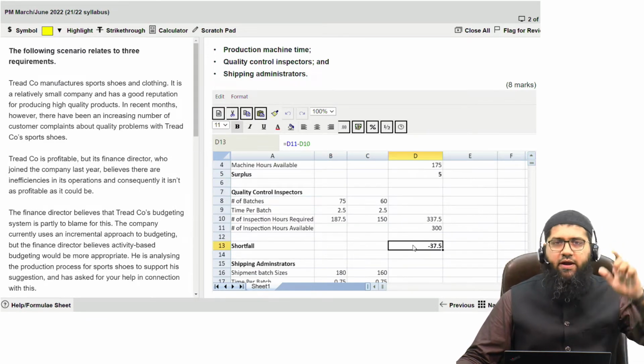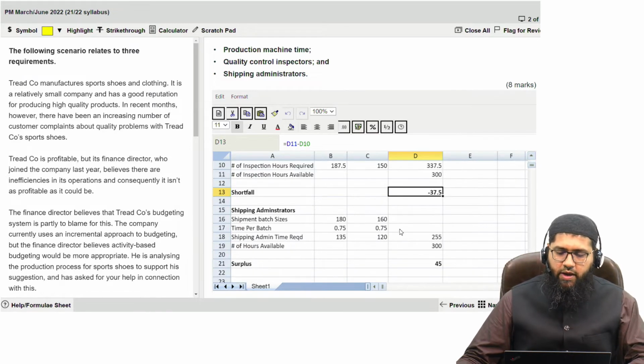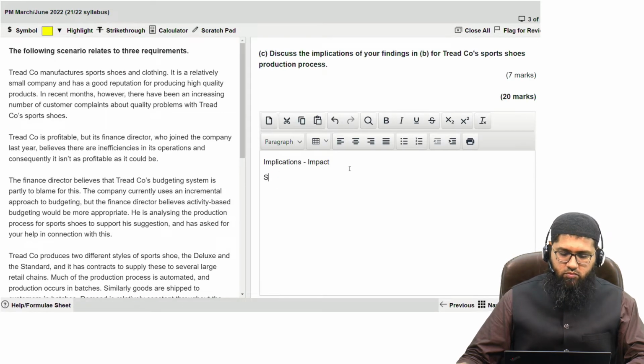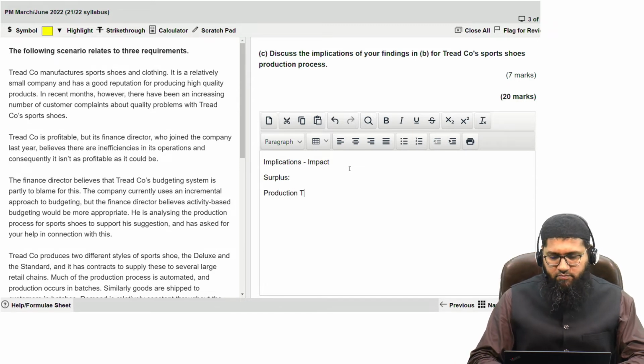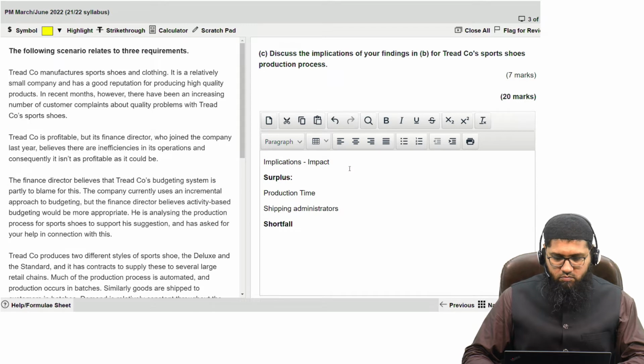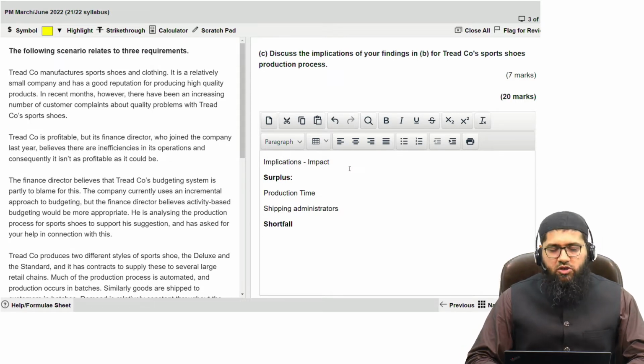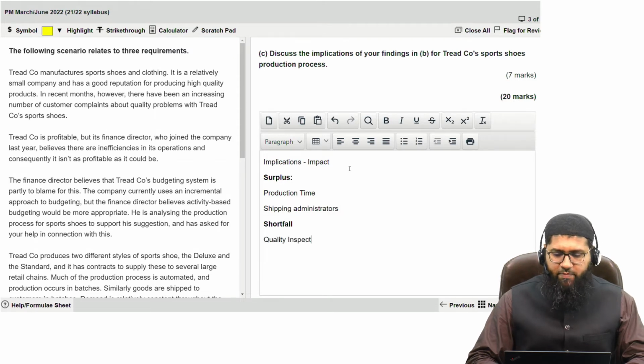You've got shortfall in quality control inspectors, and you've got surplus in shipping administrators. The shortfall is basically in the quality inspectors.